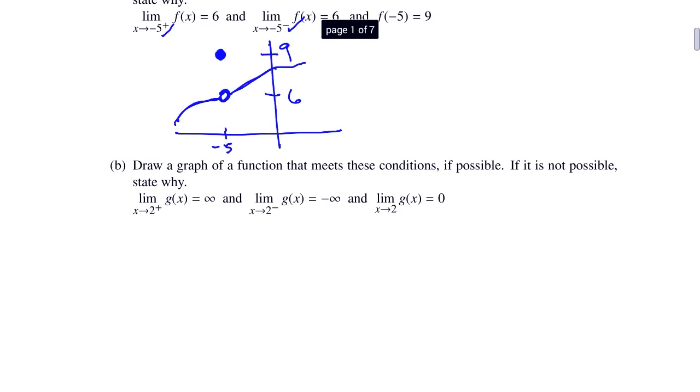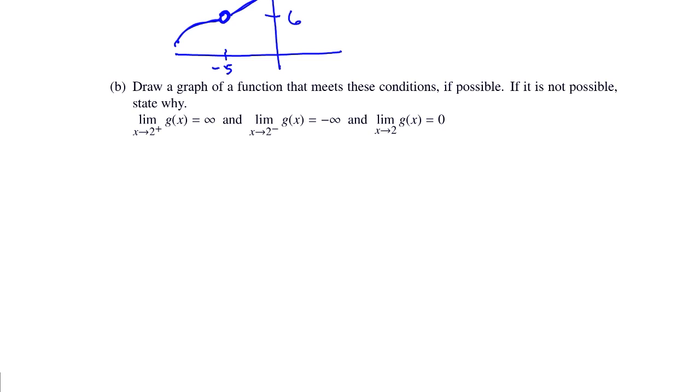Part B, draw a graph of the function that meets these conditions. The limit as x goes to 2 from the right side is positive infinity, the limit as x goes to 2 from the left side is negative infinity, and the limit as x goes to 2 overall is 0. Well, this one is not possible.